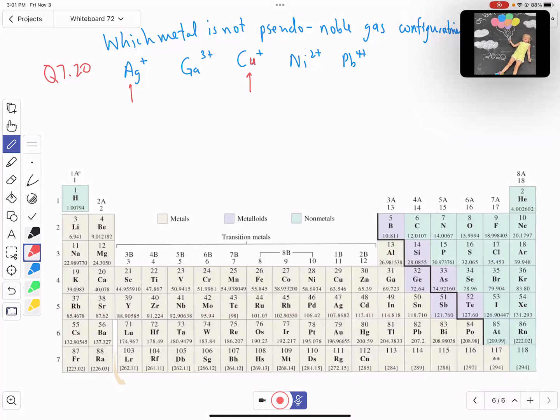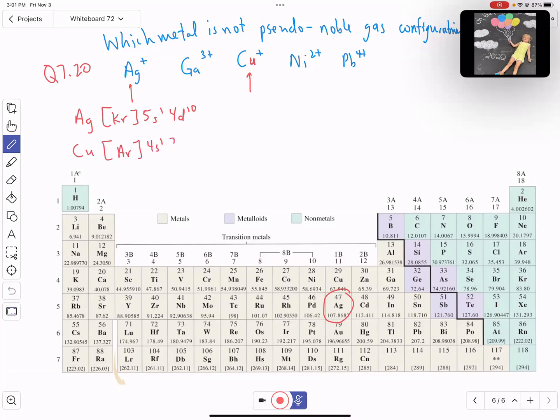So the actual configuration of silver, and silver is way down here, is krypton 5s1 4d10. Just like the configuration of copper: copper is argon 4s1 3d10.